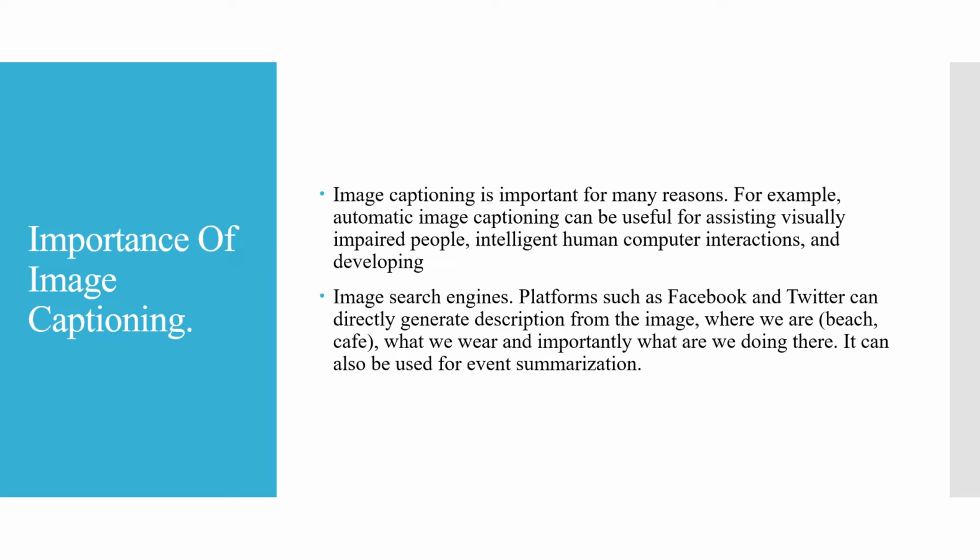It can also be used for event summarization. And image captioning is an important research area. Automatic generation of image captions requires both image understanding and a language description of the image. Image understanding is a core problem of computer vision.